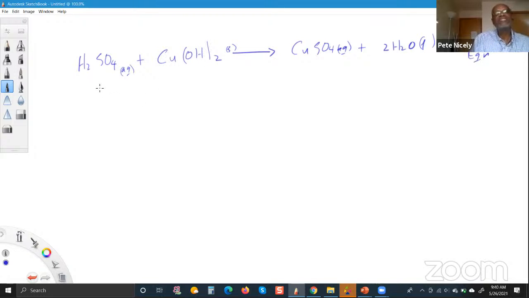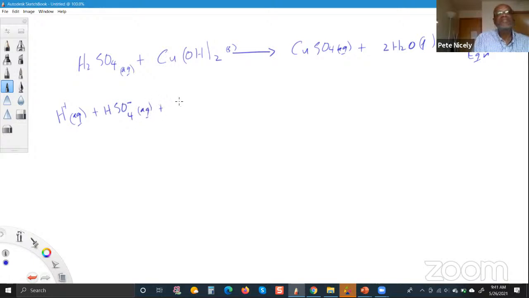Now, in the case of sulfuric acid, remember I said that only one of the two hydrogens will be ionized strongly. So this will produce H plus aqueous plus HSO4 minus aqueous. All right?